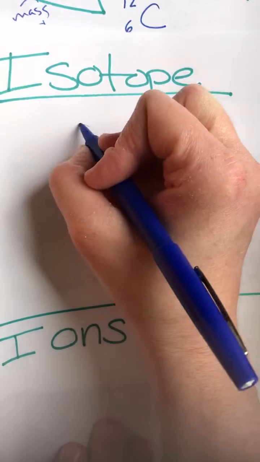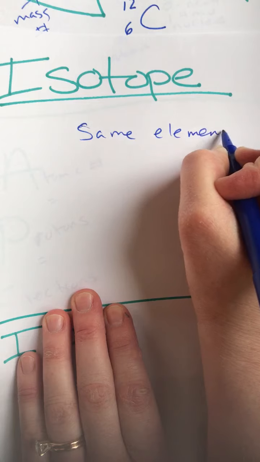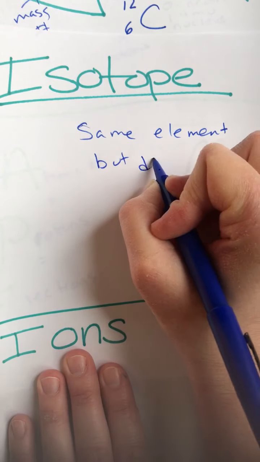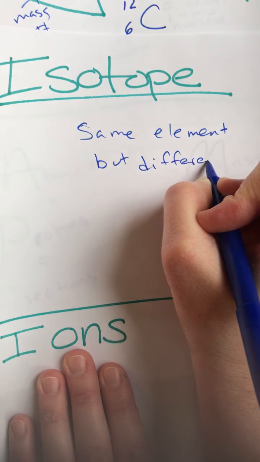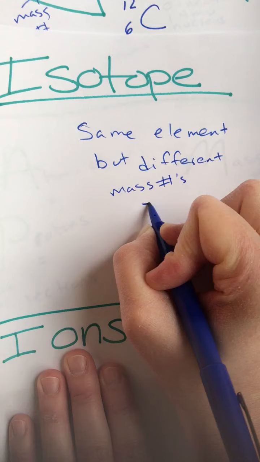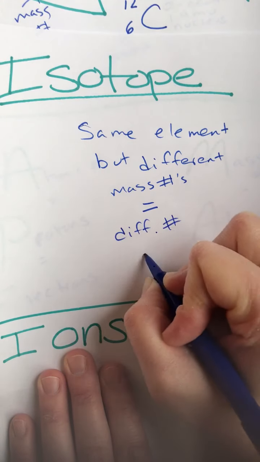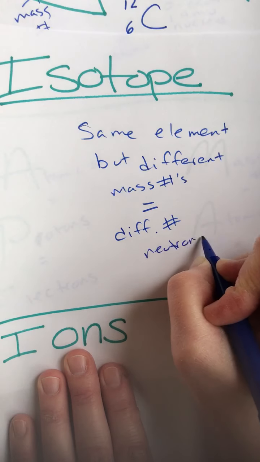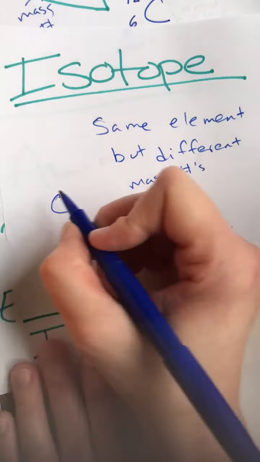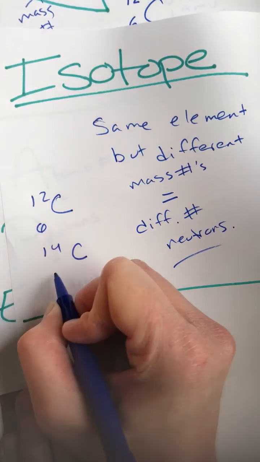An isotope, you have the same element, but different mass numbers. Which then means you have different number of neutrons. Okay, so with that being said, I could have carbon 12 or I could have carbon 14.